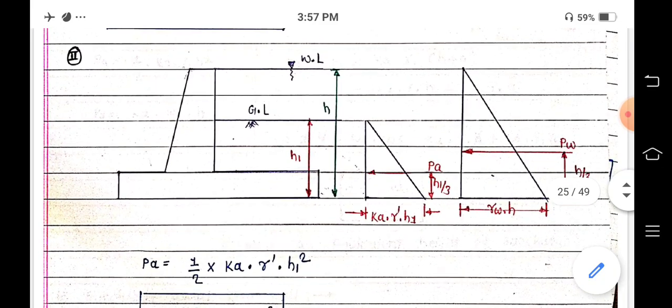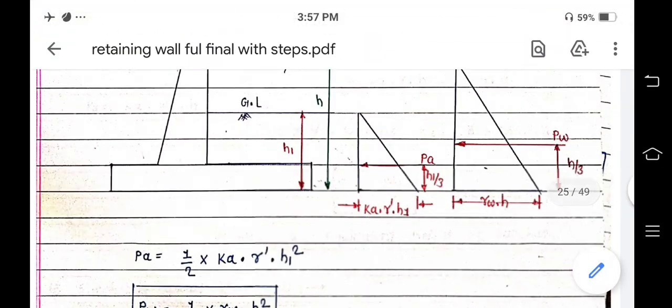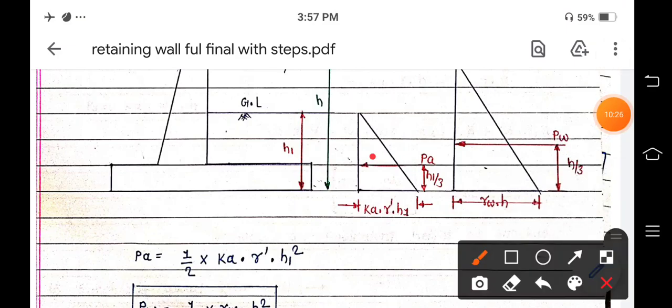If you plot the pressure distribution diagram, first of all we are going to draw it for soil, because this part contains soil only. Its base value is Ka gamma dash H1. Why are we considering gamma dash? Because this is soil plus water, and the upper zone is fully water, so this value will be Ka gamma dash H1 because its height is H1.